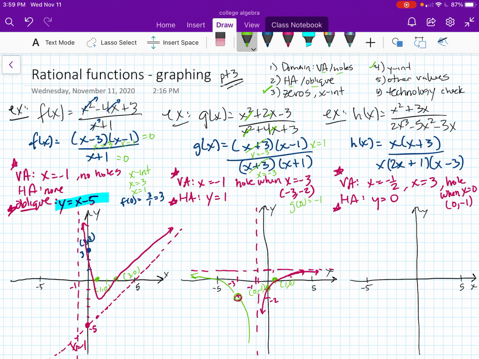When I substitute -3 in the simplified version right here, that should have been -4 over -2, which is a +2. So -3, +2, hole here. And that's why I was incorrect with that. And it actually did something like that. Alrighty. So hole at -3, 2.